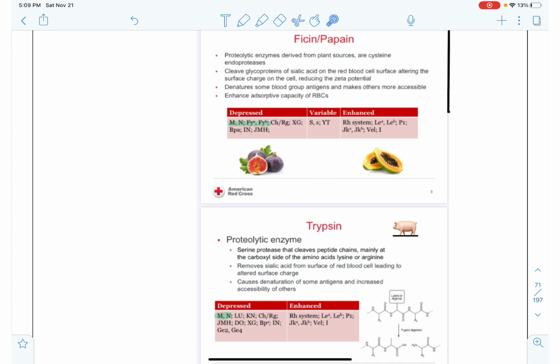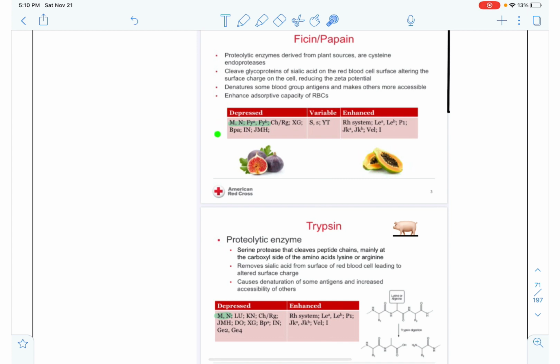Some reagents, I think Immucor has a panel where the cells come ficin treated, so you don't have to treat them yourself, but in the reference lab we often have to treat these cells independently because we're selecting the cells. So ficin is a proteolytic enzyme that comes from figs, and papain is also a proteolytic enzyme that comes from papaya.